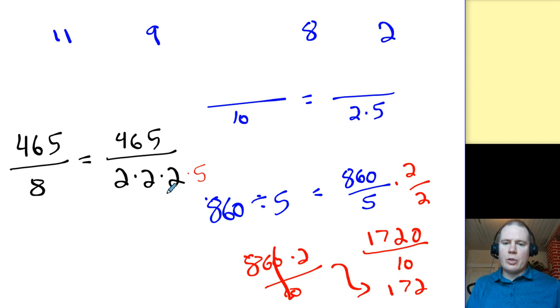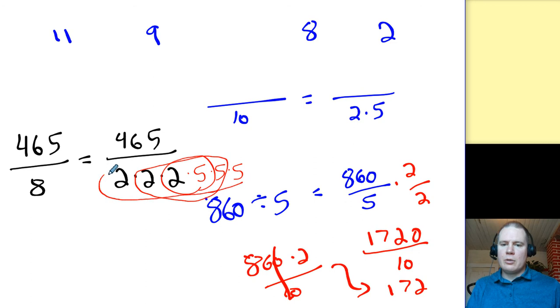I do 2 times 5 to get 10. 2 times 5 to get 10. 2 times 5 to get 10. 10 times 10 times 10. 5 times 5 is 25. 25 times 5 is 125. So I have 465 times 125.